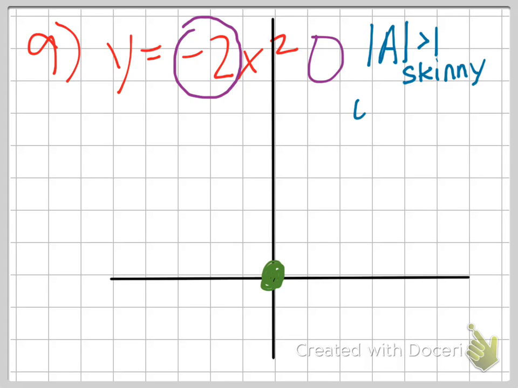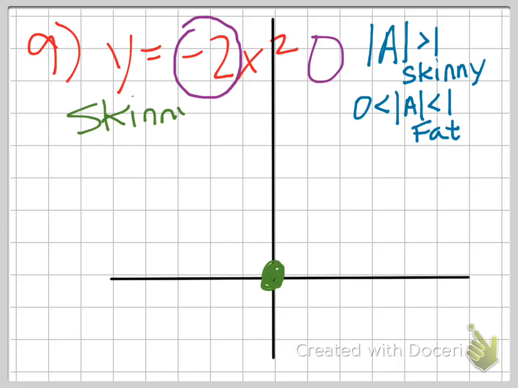And if the absolute value of a is between 0 and 1, it means the graph is fat. So the graph will be a lot larger than it usually is if the number's somewhere between 0 and 1. All right, so now looking at this equation, negative 2x squared, negative 2, its absolute value is bigger than 1, so that means my graph is going to be skinny.